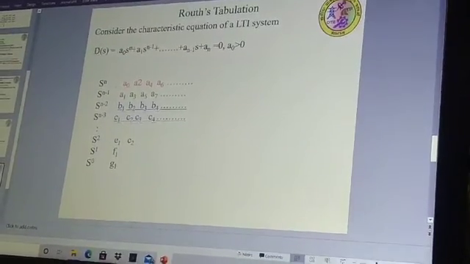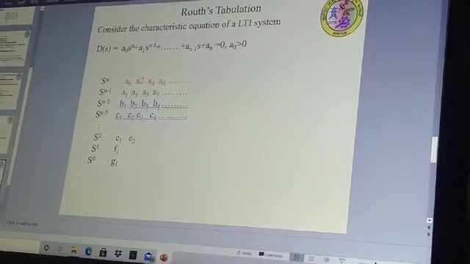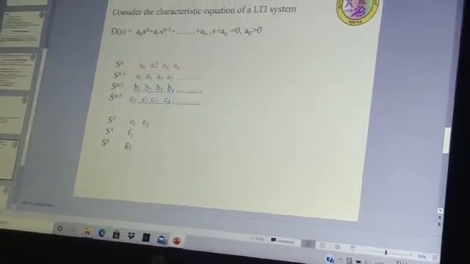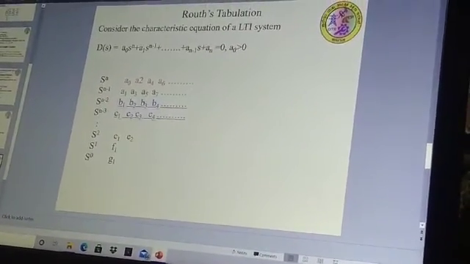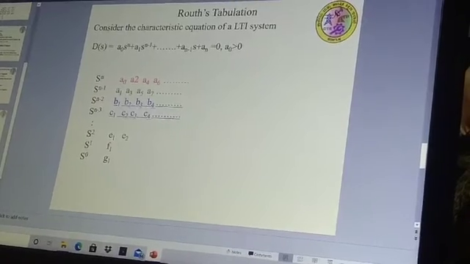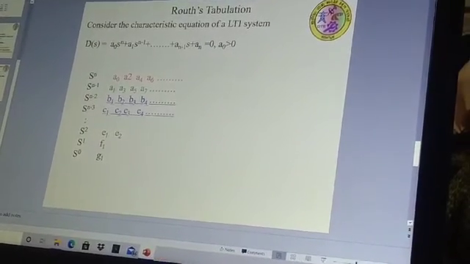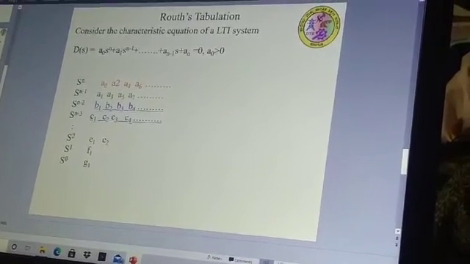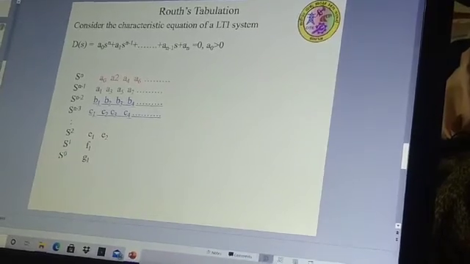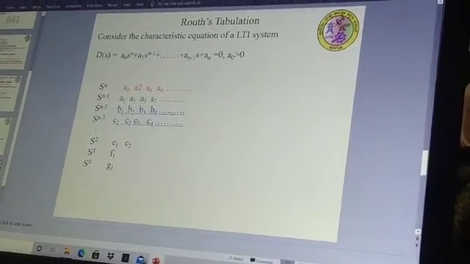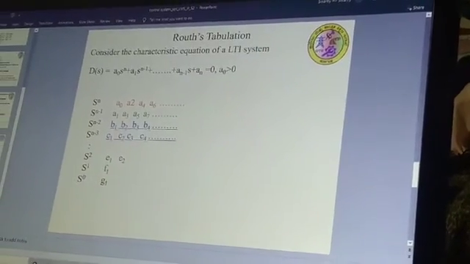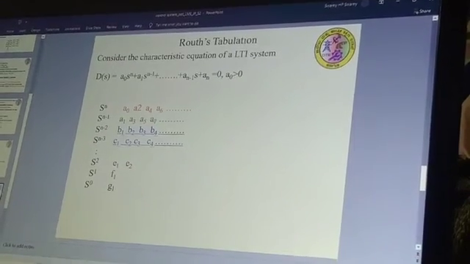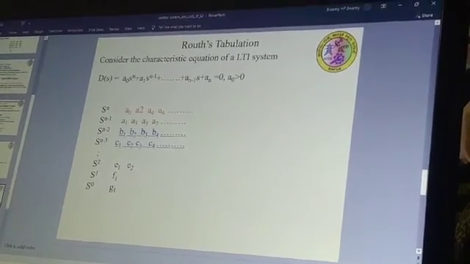For the formation of the Routh tabulation, you write s^n, s^(n-1), s^(n-2), up to s^0. Then a0, a1 are the first coefficients, a2 is the next, a3 is next, and so on, up to a7, which are the coefficients of the given characteristic equation.